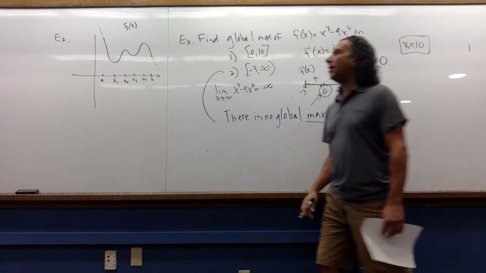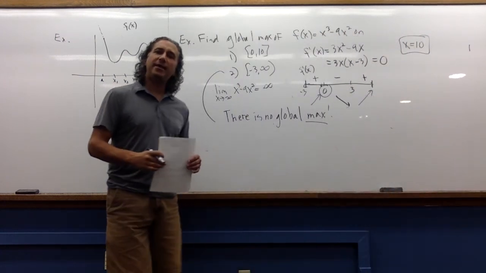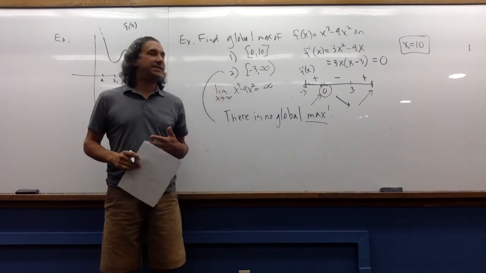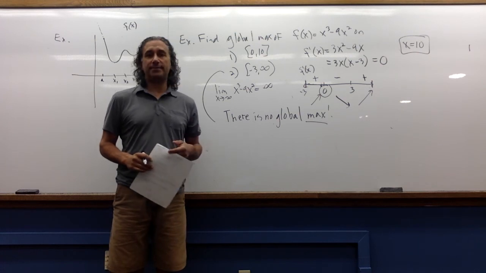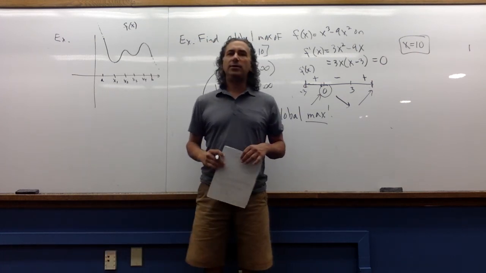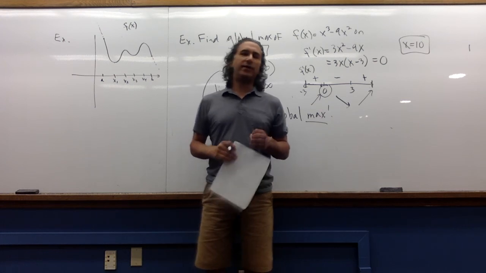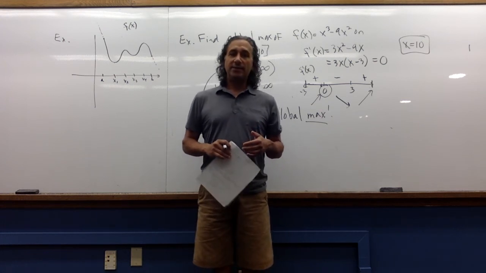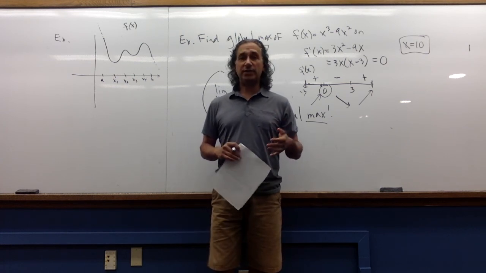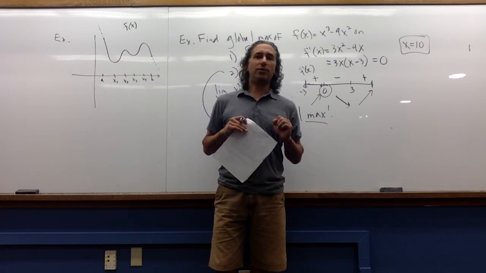So here again, we study the end behavior because we didn't have a closed interval. We weren't guaranteed to actually have a global max. So in summary, in this section, we looked to see how we could actually find global max and global min. We saw that if we were in the world of a continuous function on a closed interval, we're good to go.